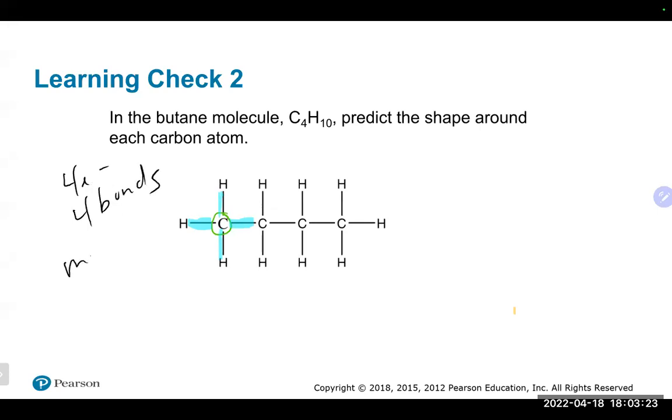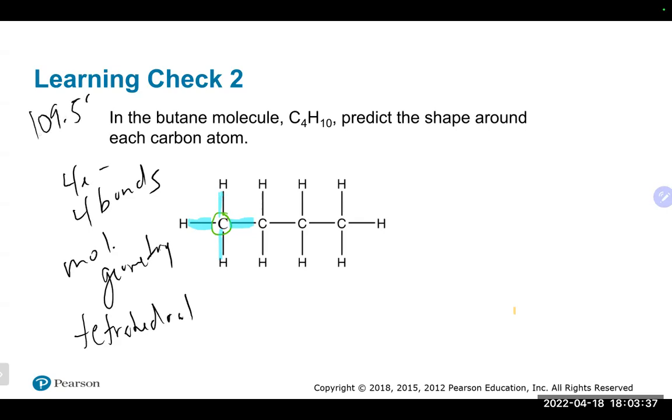The molecular geometry for somebody with 4 electron pairs and 4 bonds is tetrahedral. So if you remember, tetrahedral has a bond angle of 109.5 degrees. By the way, every single one here has the exact same geometry.